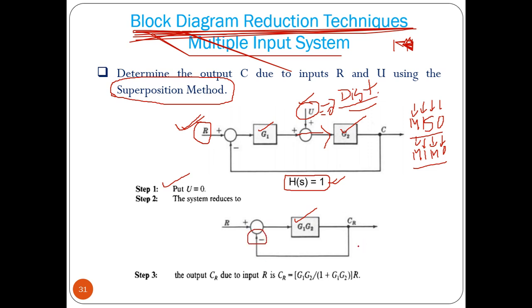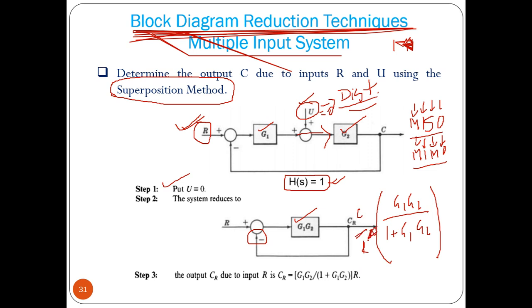So the output will be G divided by 1 plus GH, with G1 into G2 into 1. This is your transfer function, C by R. So output equals what?